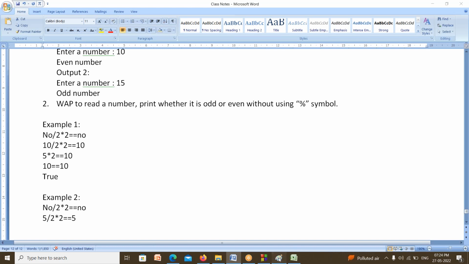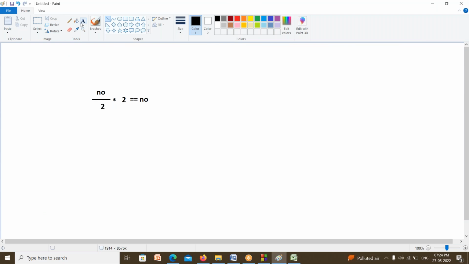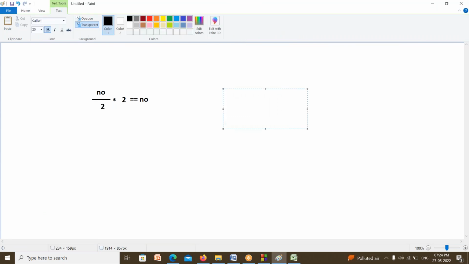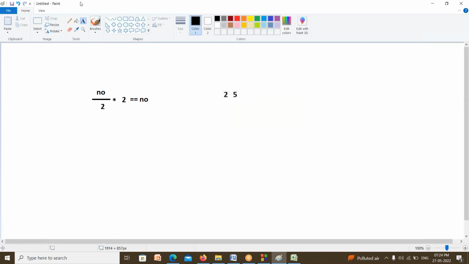No. You will get only 2. See this? We have to divide 5 with 2. I am dividing a 5 with a 2.